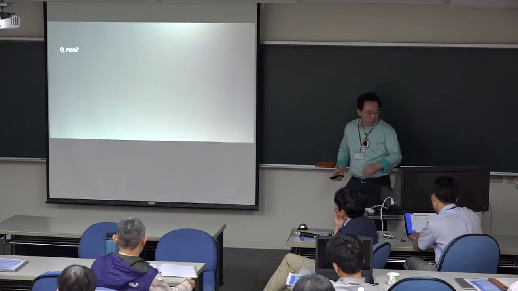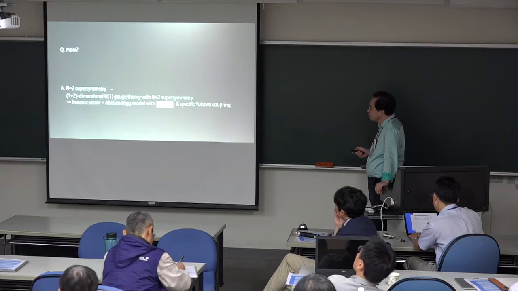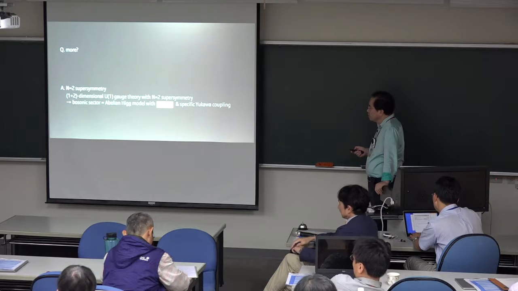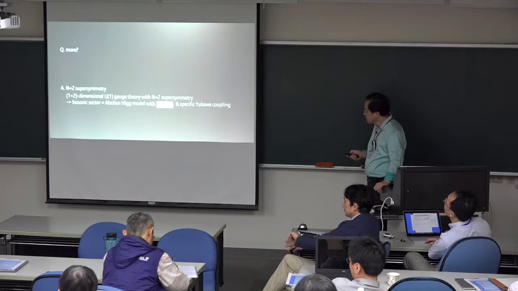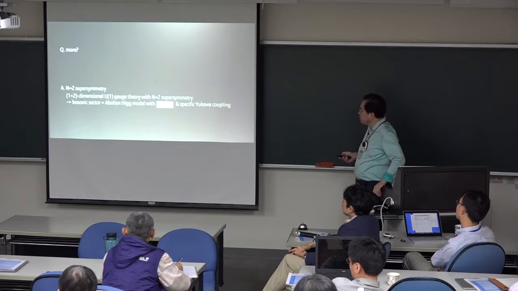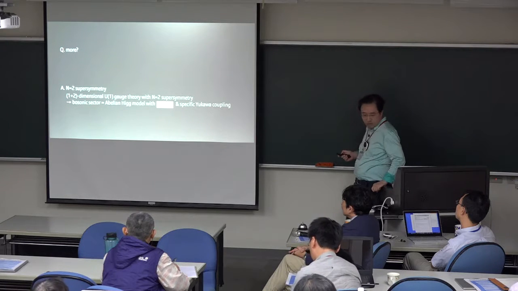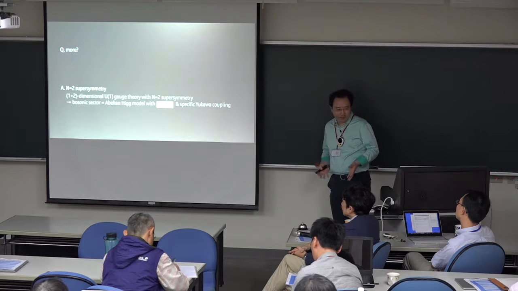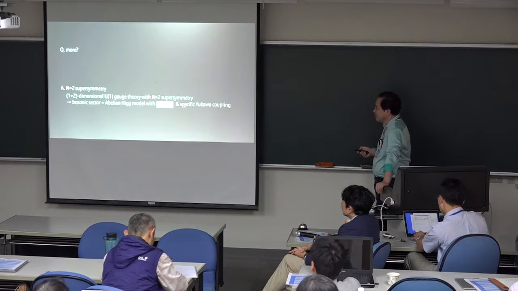What is more, this is in the direction of string theory. The model with this fixed coefficient was obtained by requiring N=2 supersymmetry. So from this story, the branes were made.